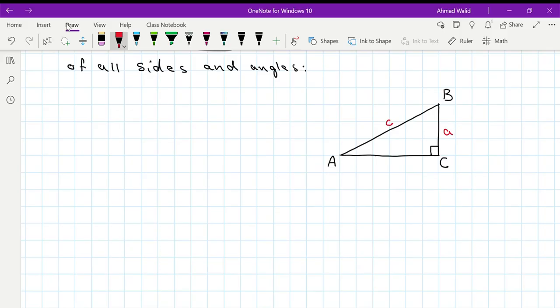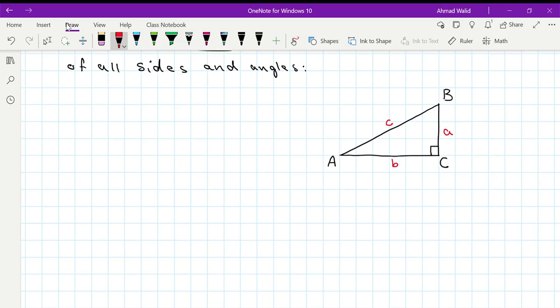And the side that's in front of angle B, mark it with lowercase b. Correct? This is something that's accepted. A lot of times when we are dealing with a right triangle, we name it this way.